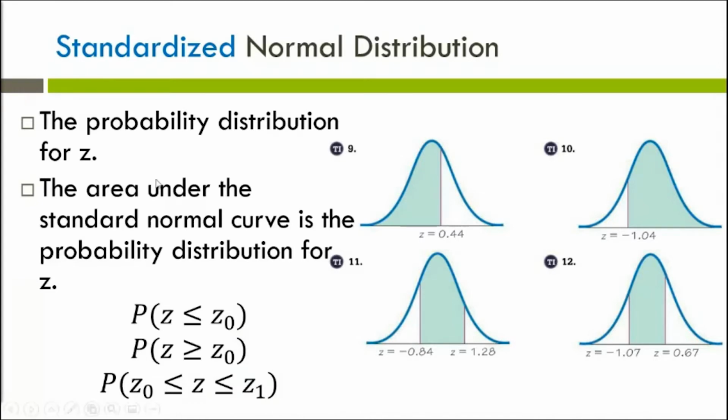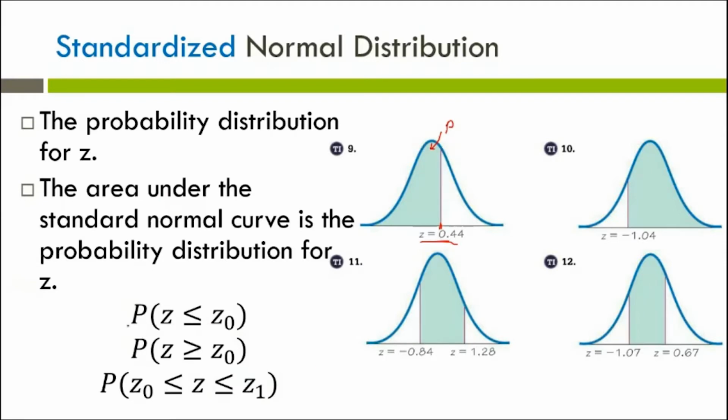So if we have here, let me just use a pen. This shaded portion here, say for example, this point here is z equal to 0.44. So we will be calculating the area here, or the probability of z. The area under the standard normal curve is the probability distribution for z.